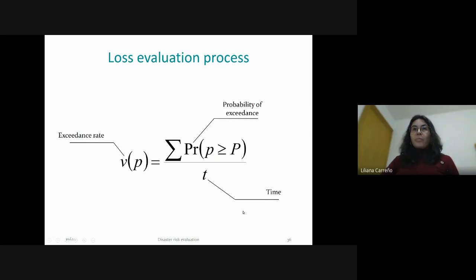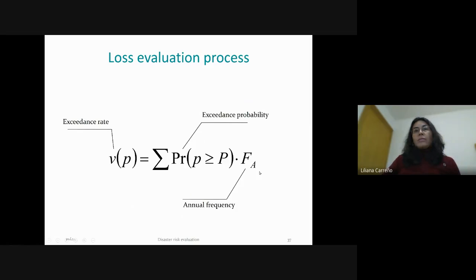So we need to do the calculation of the exceedance rate of a level of losses as this, the sum of the probability of exceedance of this level of losses divided by the time. Or, well, the same, compute the sum of this exceedance probability of the level of losses multiplied by the annual frequency.